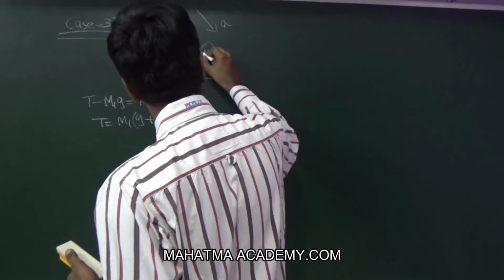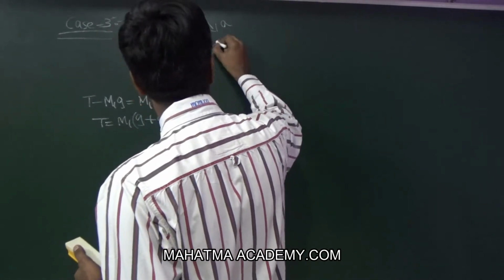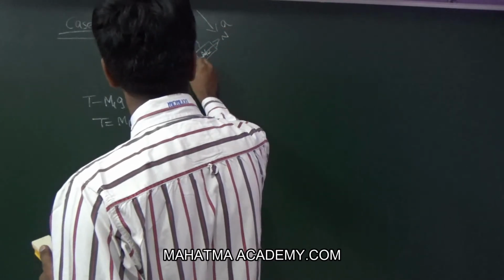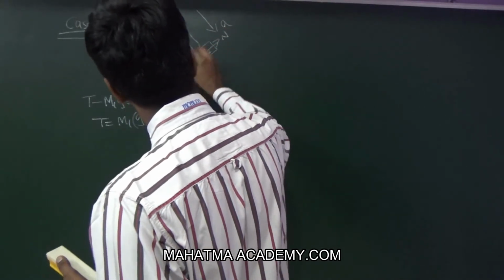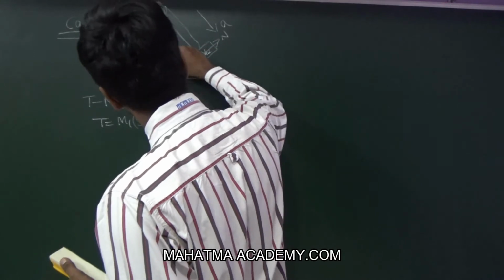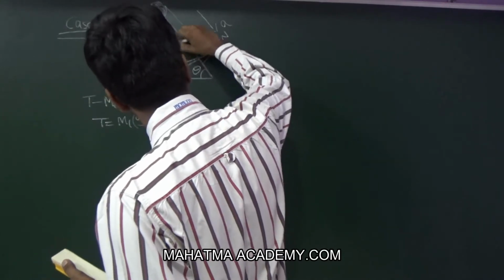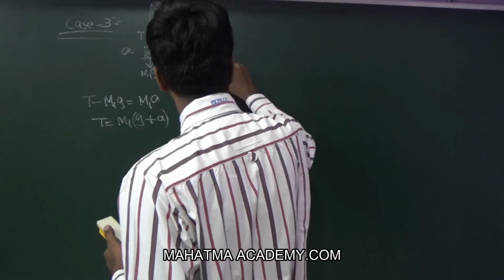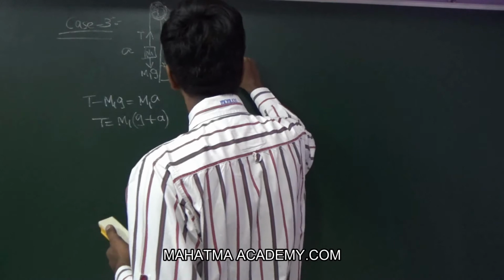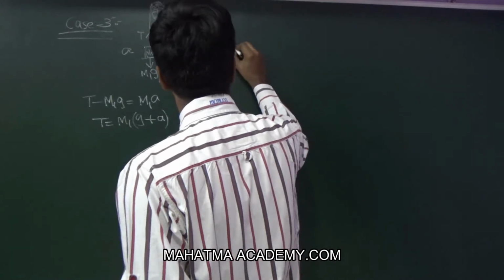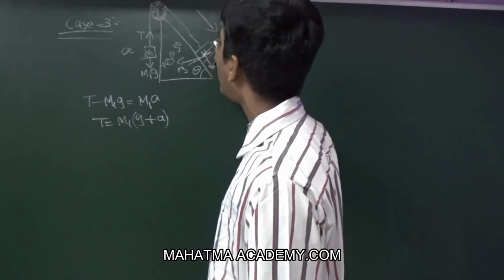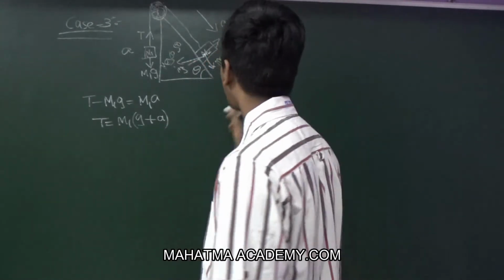It's making an angle theta. So by normal reaction, here mg cos theta, and mg sin theta. The free body diagram states that normal reaction is equal to mg cos theta.